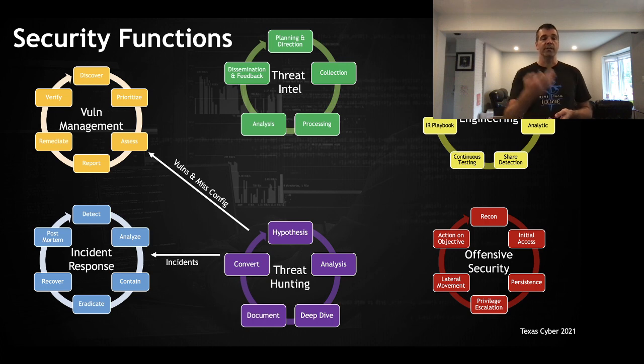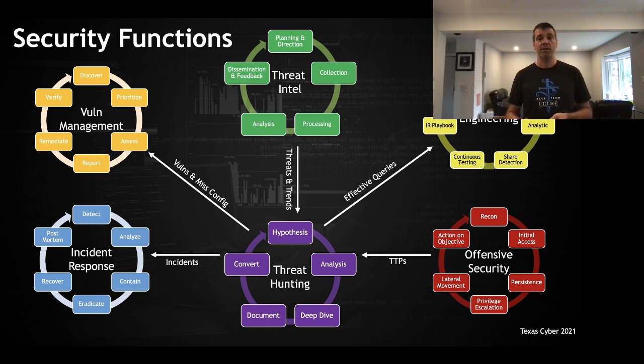It also feeds vulnerability management if there's any vulnerability that I've found or misconfiguration that can easily be abused by an attacker. It also feeds, of course, detection engineering, like we're going to see in this presentation. And then threat hunting itself is fed by threat intel, of course, and by offensive security that will provide TTP, so tactics, techniques, and procedures.